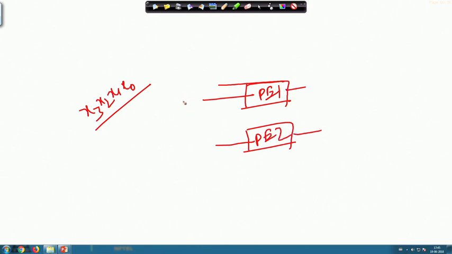Then x0 I can process over here, and x1 I can process over here. If I have only one processing element, this particular source will be connected to it, so first it will process x0, then I will get y0, then it will start with x1, then I will produce y1, then y2, y3, like this.